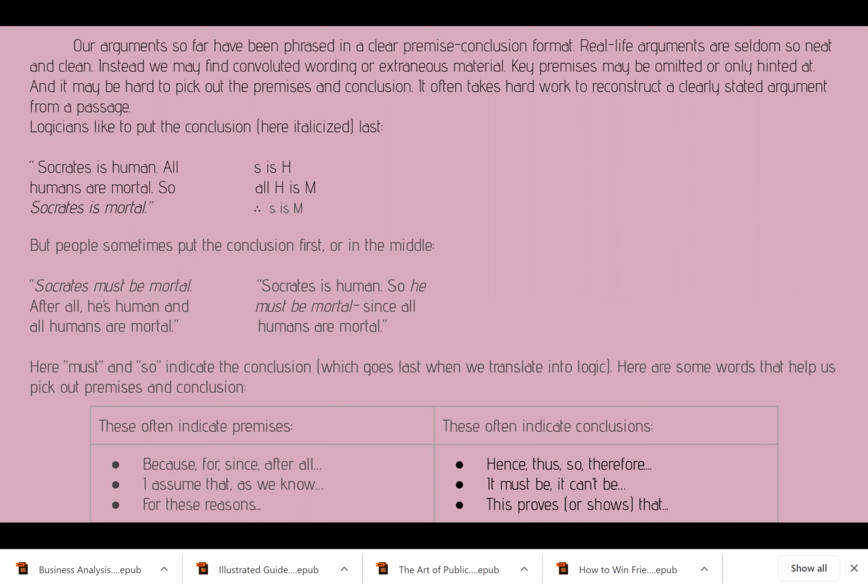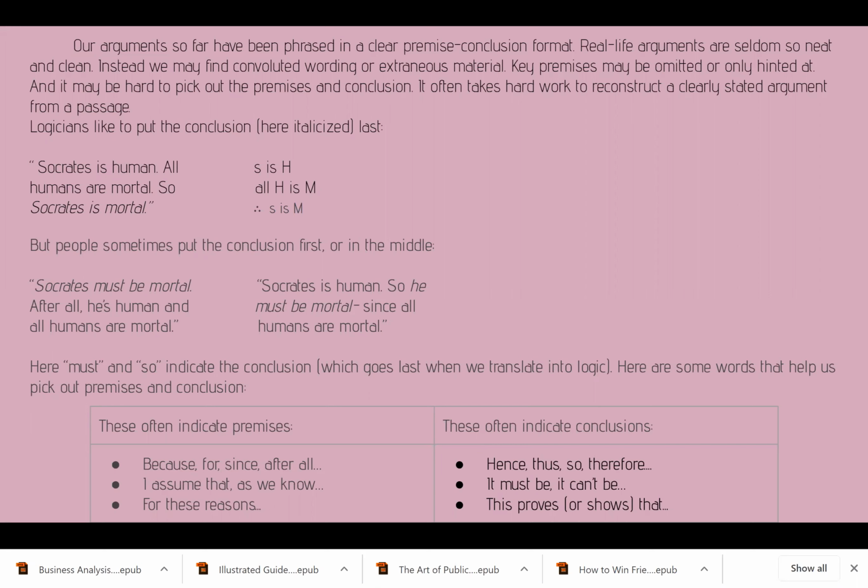Instead, we might find convoluted wording or extraneous material. Key premises may be omitted or only hinted at, and it may be hard to pick out the premises and conclusion. It often takes hard work to reconstruct a clearly stated argument from a passage.